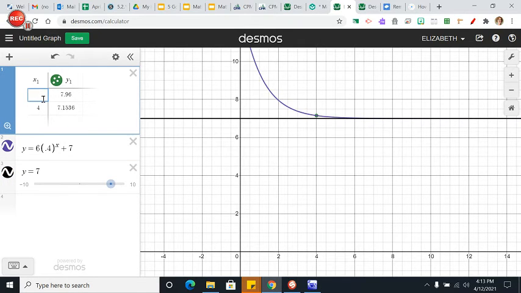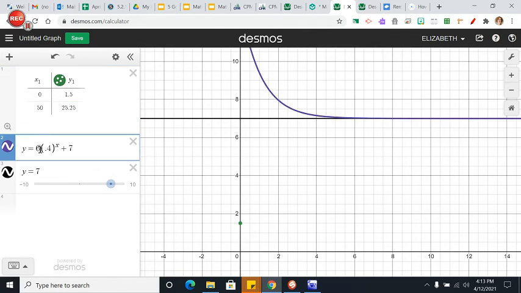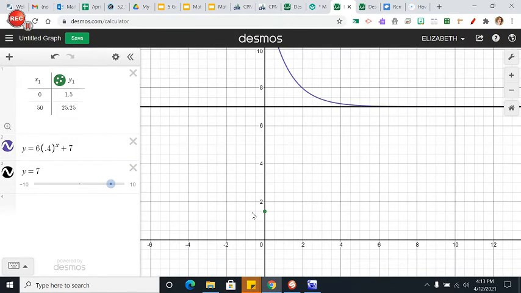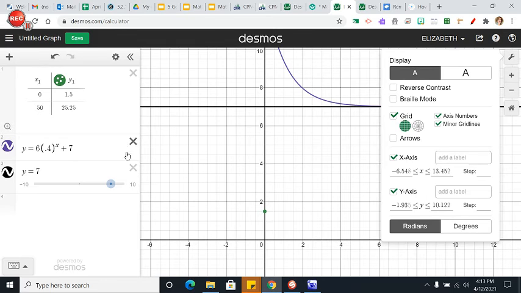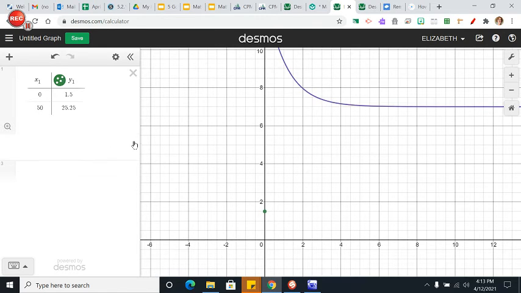For our 2 points, 0 and 1.5, and then 50 years later, it's worth 25.25, right? Okay, so we got, let's see, here's 0, 1.5, and let's change this window.